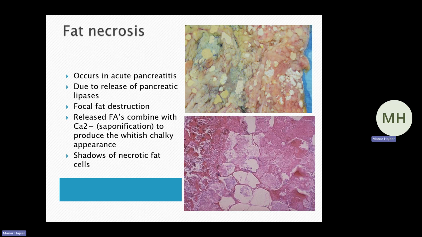Upon digestion of the fat, this will release the fatty acids, which will combine with calcium because it has a high binding capacity to calcium, the released fatty acids, in a process that we call saponification, اللي بتؤدي لظهور الشوكي white material على الفاتي tissue زي ما انتم شايفين بالصورة.